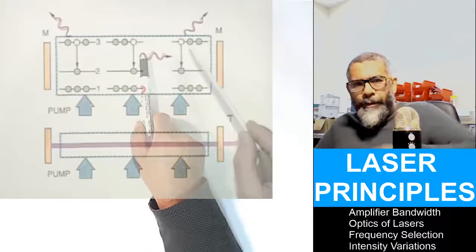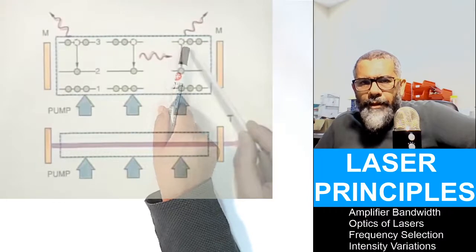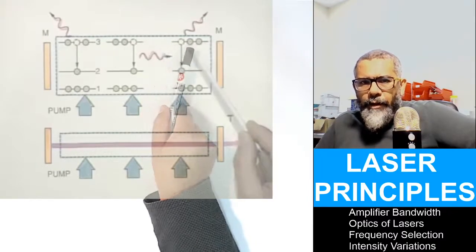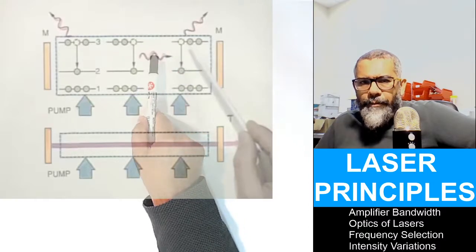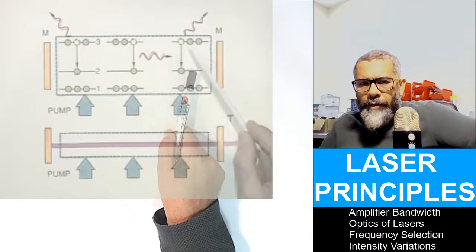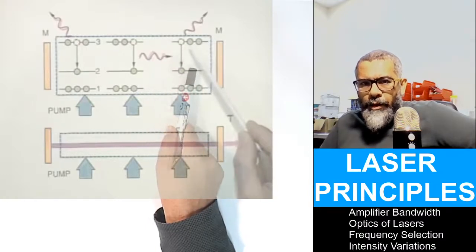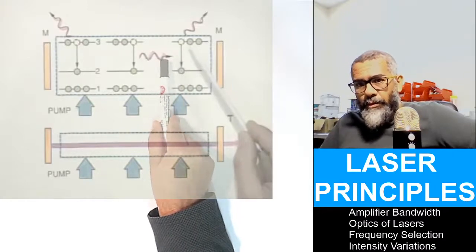Why? This photon will start, if it sees an excited electron over here, let's say an excited electron, if it meets up with this photon, this electron will just drop down to the second level, producing a second photon in addition to this one, an extra photon which goes exactly in the same direction as this photon.